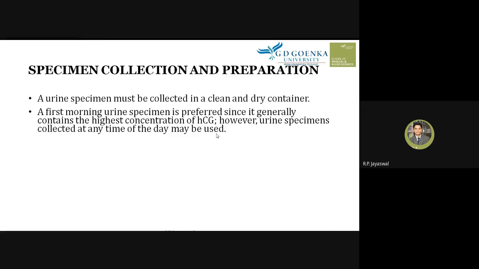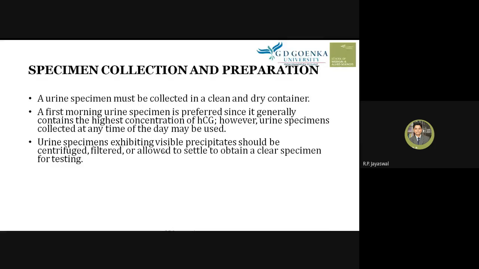So urine can be collected any time of day, but preferentially we do this test on the first morning urine specimen because the concentration of HCG is very high in the morning sample.